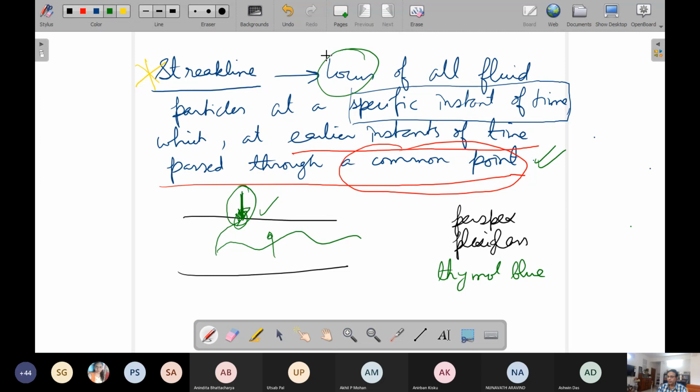Now, before getting into the mathematical description of this, I would like to ask you one particular question: given this experimental description, what are the conditions that you must fulfill in the experiments to ensure that it is indeed the strict line that is visualized in the practical experiments? See, the strict line is an idealized definition.